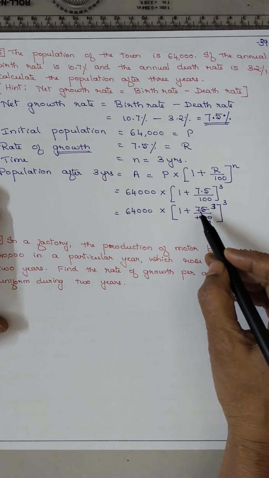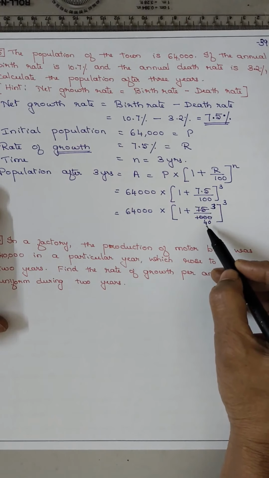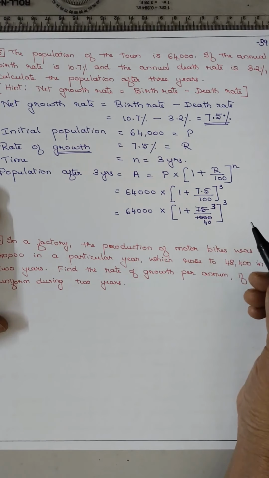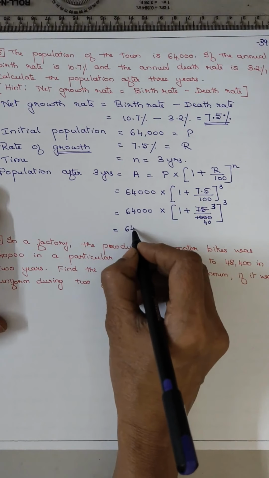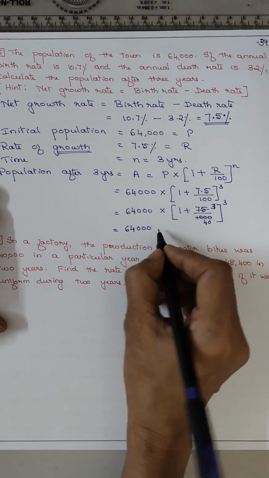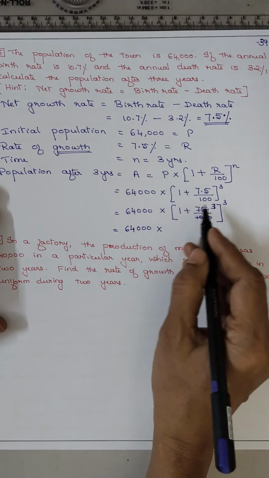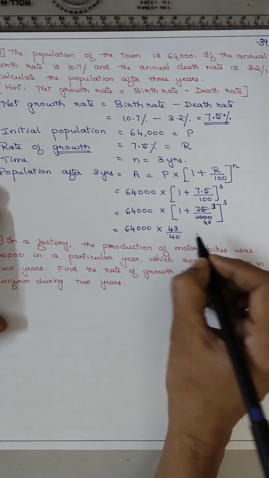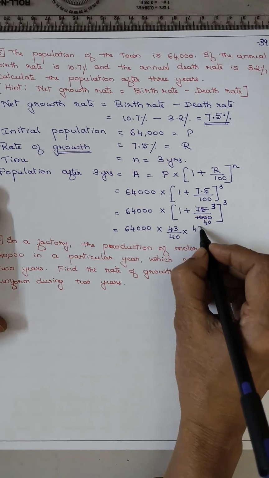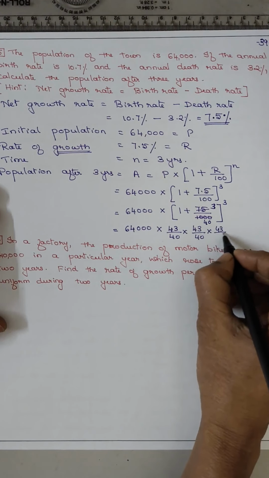Then at cancellation, 25 3s are 75, 25 4s are 100 and one 0. So now it becomes 64000 into denominator is 40, so 40 plus 3, 43 upon 40, again 43 upon 40, again 43 upon 40.